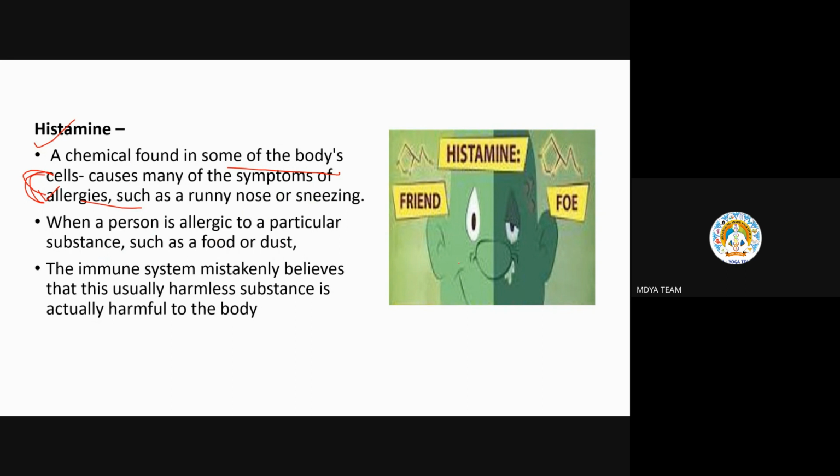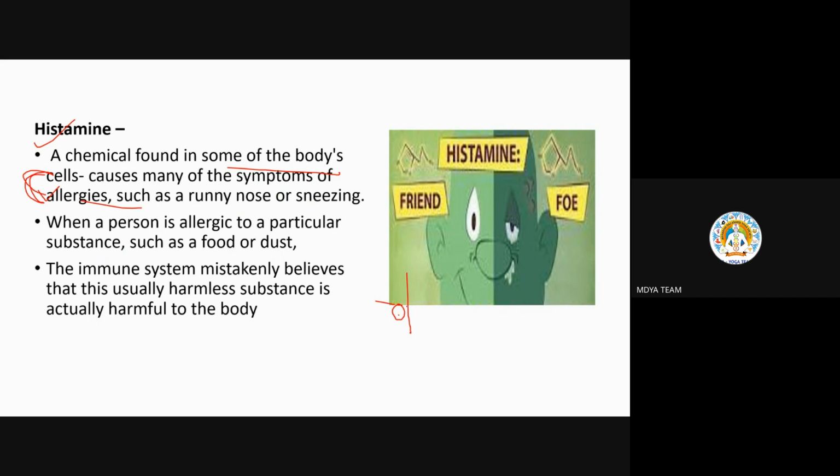So what happens exactly when normal cells of our body wrongly or mistakenly understand that these cells, which are useful or not harmful for my body, are harmful for me?